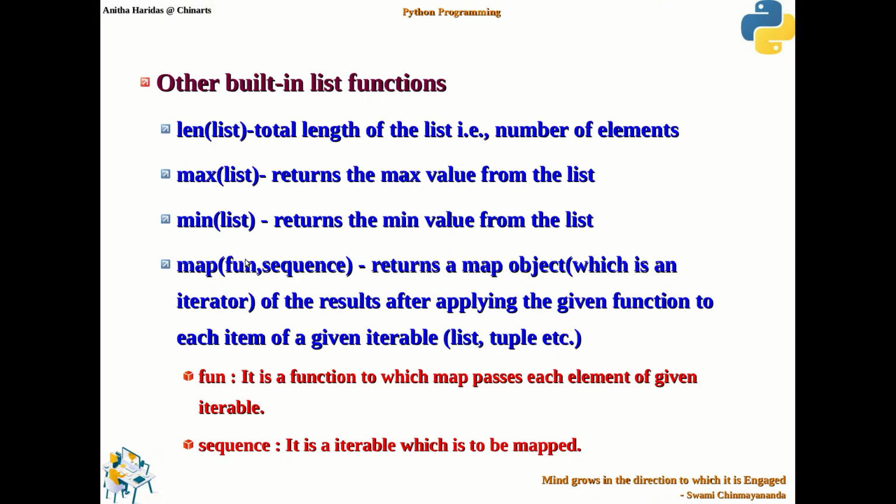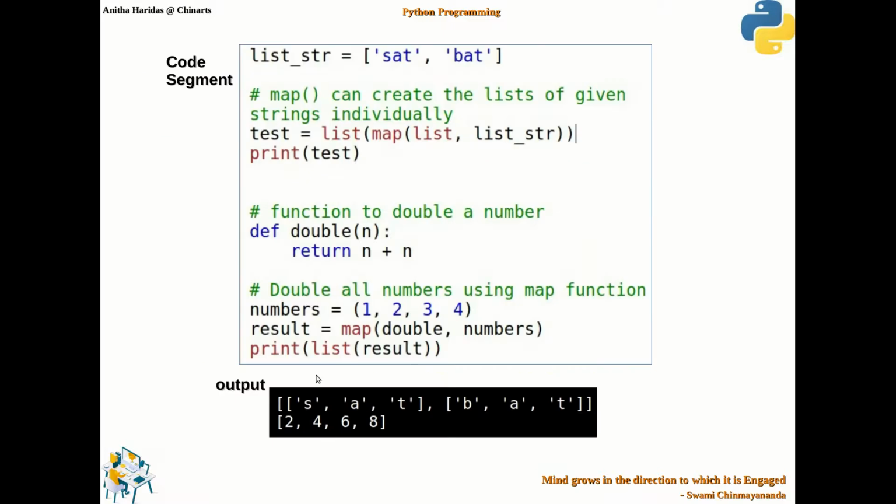The first argument will be a function to which the items will be manipulated, and the items to be manipulated will be available in the sequence, which is nothing but an iterable, like list, tuple, etc. So fun is a function to which map passes each element of given iterable, whereas sequence is an iterable which is to be mapped. Okay, so let us see an example, then it will be more clear for you.